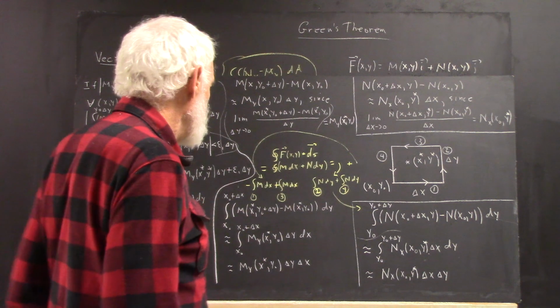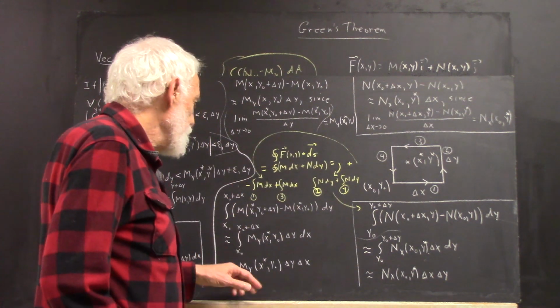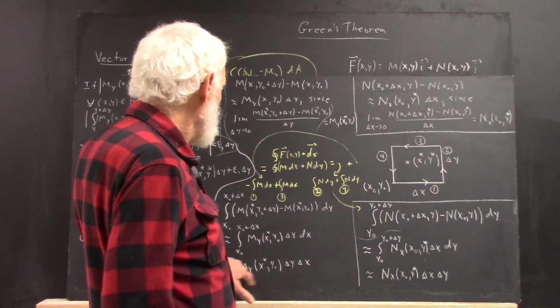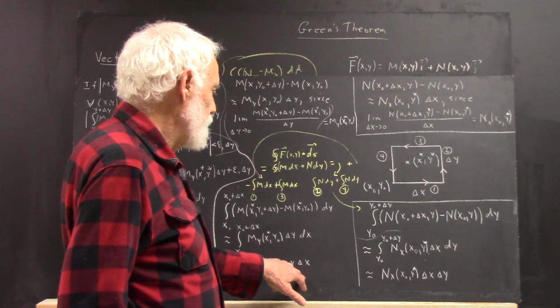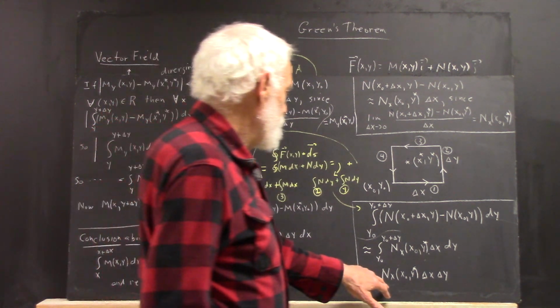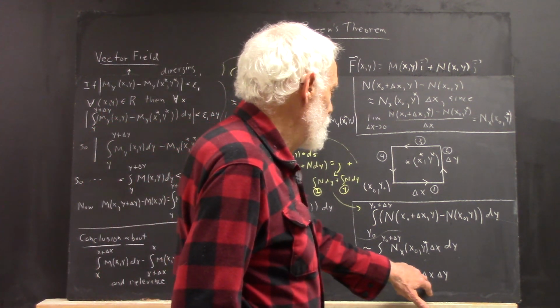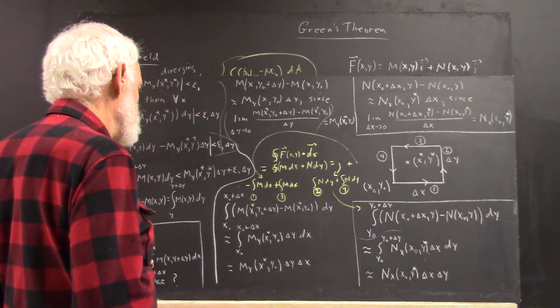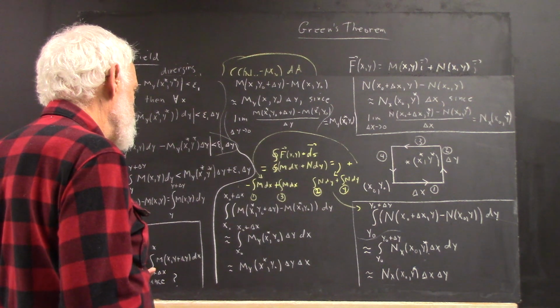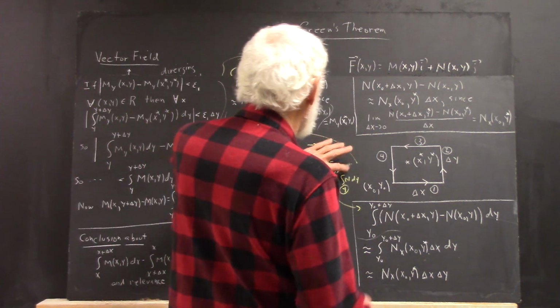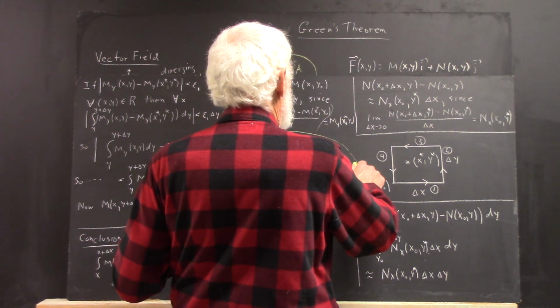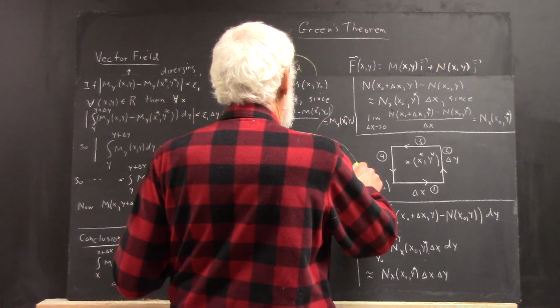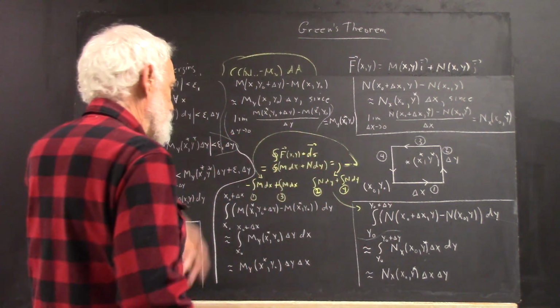And it is. Okay. And when we put these together, we have my of x star y naught delta x plus nx of x naught y star delta x delta y. Well, that should be minus this. Yeah, it's all messed up.